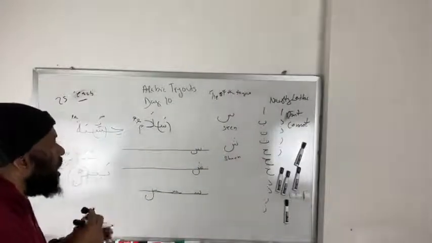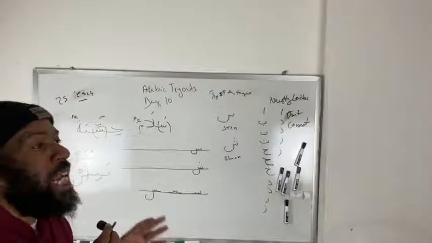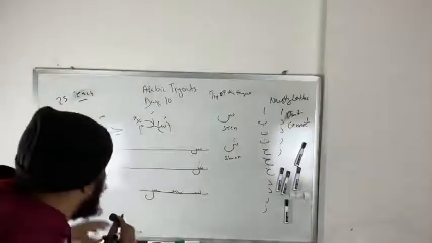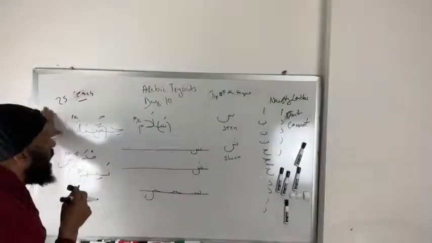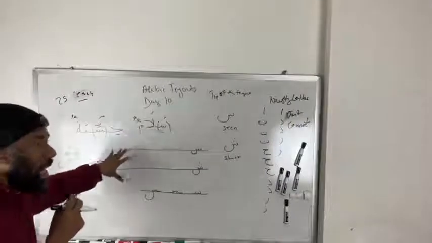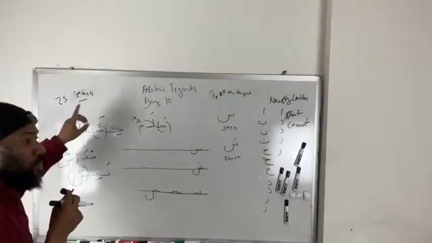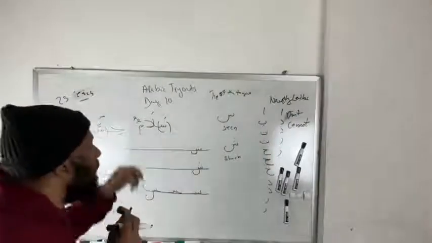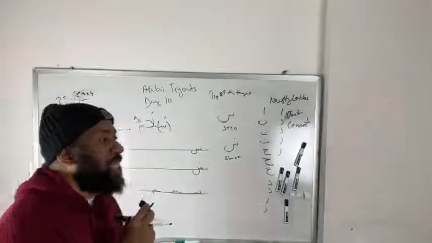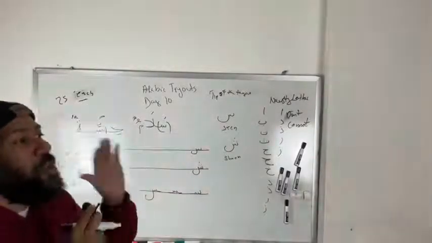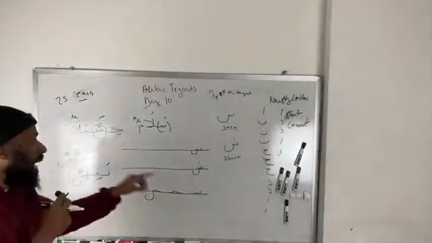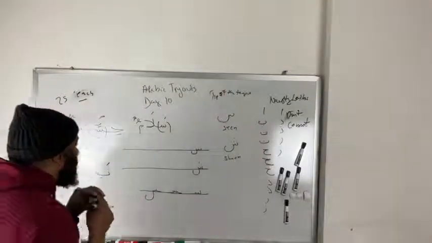Okay? In other words, you already know the drill as far as homework. Take the letter, write it 25 times each on the line. Take the beginning form 25 times each. Take the middle form 25 times. Take the ending form 25 times. Take the connecting forms all together.